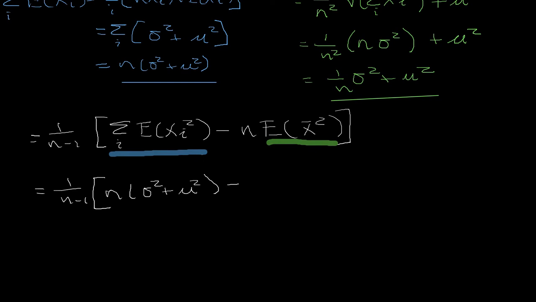This minus, be careful, this minus is this minus. Now we have an n. This n is multiplying the green expression. But if we multiply the green expression by n, this 1 over n is going to become 1. So we're going to have minus sigma squared minus n mu squared.